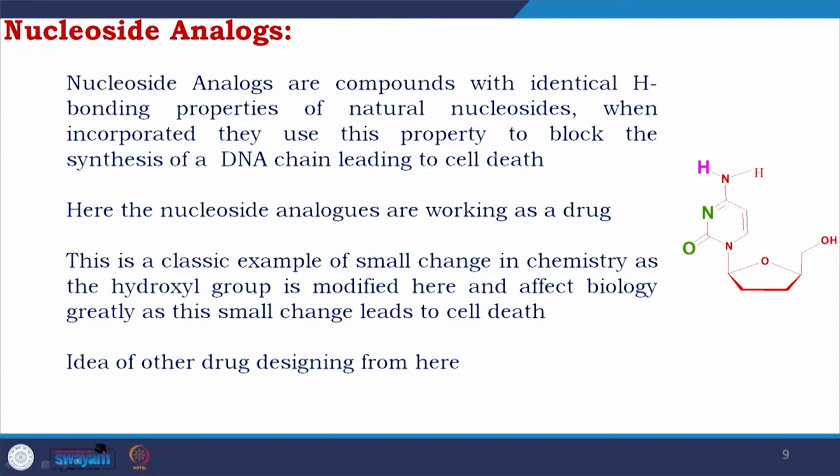What I mean by that is that the cancer cell grows much faster. So, these nucleoside analogues enter there, stop DNA synthesis, and then kill the cells. That tells us that these nucleoside analogues could work as a drug, as a therapeutic.